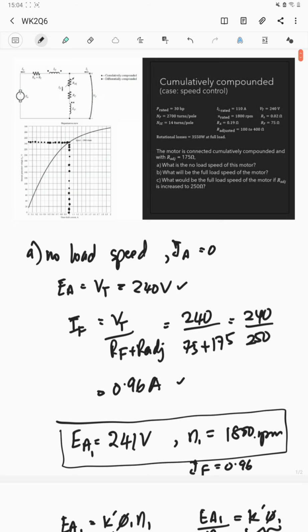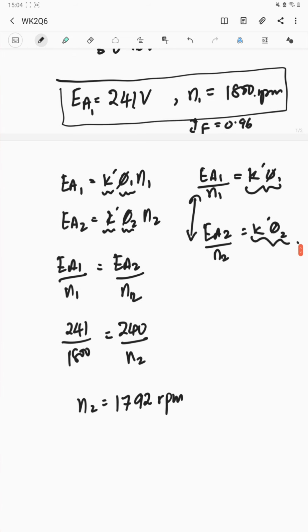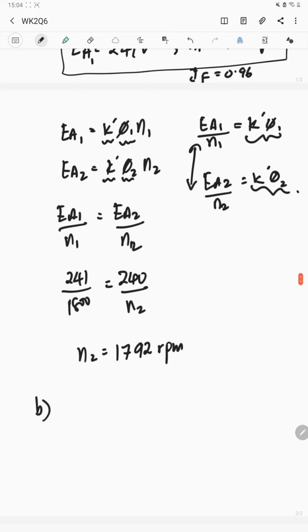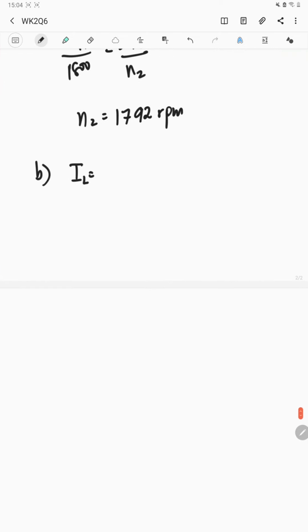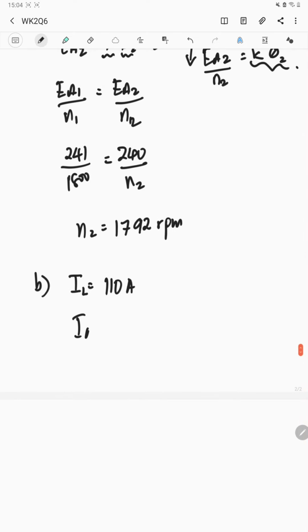Question B, what will be the speed at full load? At full load, the line current will be equal to the rated current, which is 110 ampere. At that point, IA is IL minus IF.